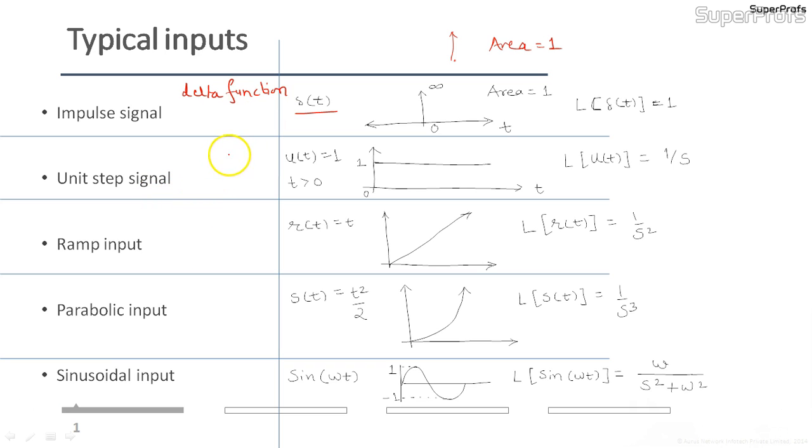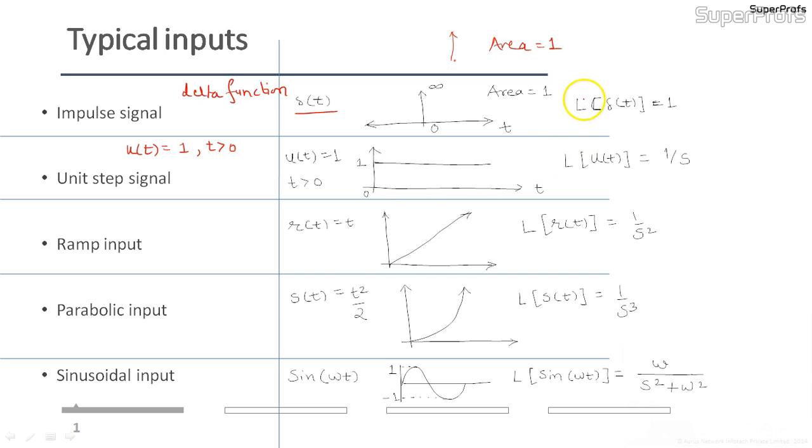Then the second basic signal is the unit step signal, which is represented as u of t equal to 1 for t greater than or equal to 0. For 0 to positive time, we have amplitude equal to 1, but before 0, you have amplitude 0.